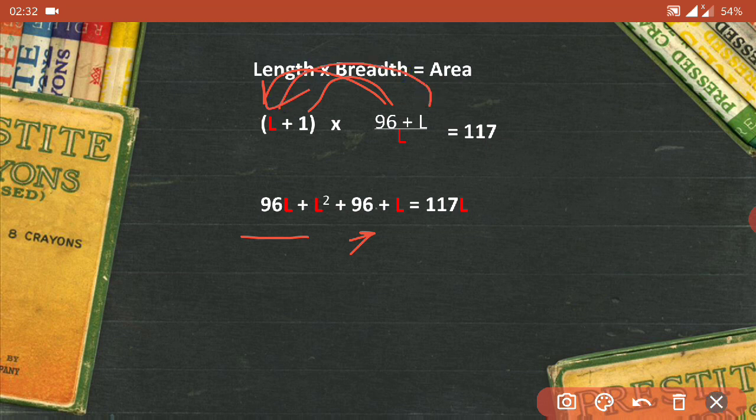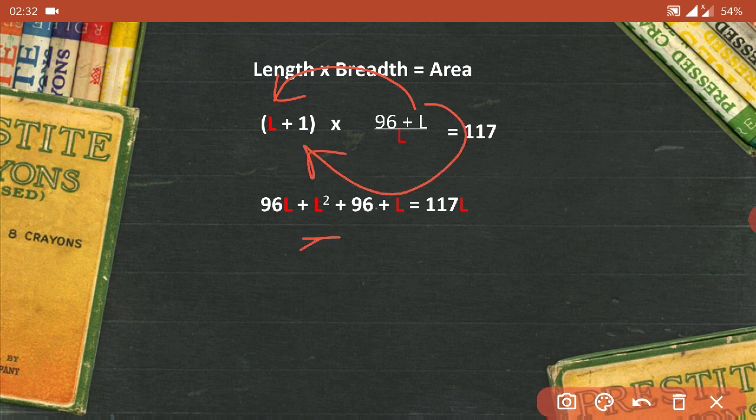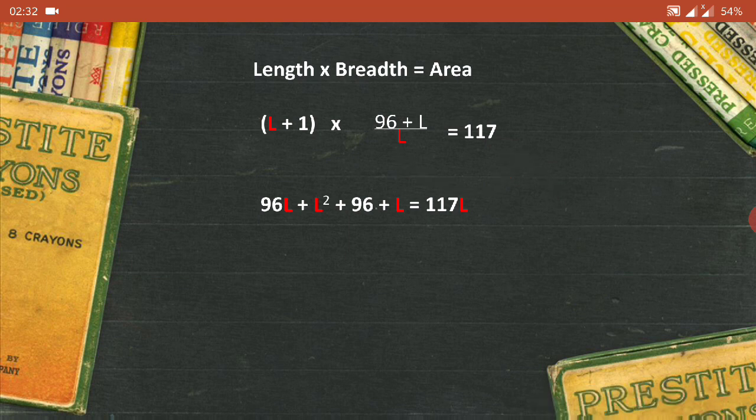L multiplied by L will become L square, and L multiplied by 1 will become L. And this L, which is in the denominator, goes to this side and gets multiplied with 117 and will become 117L.